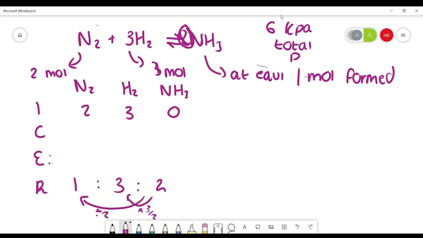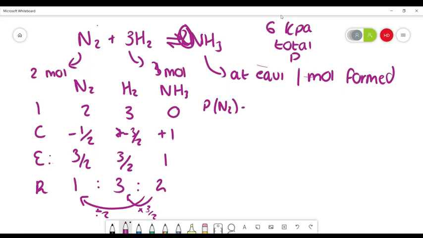So you set it up as you would have done for the ICE for Kc. So you're adding 1 there, you're taking away a half there, so it's 3 on 2, and you're taking away 3 on 2, which is 3 on 2. That's your equilibrium moles.